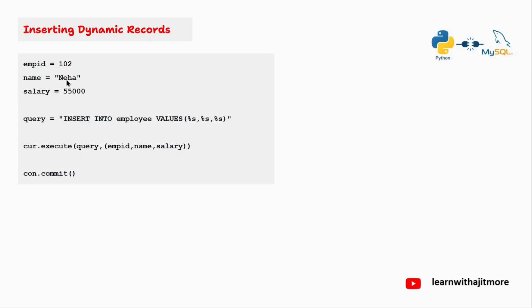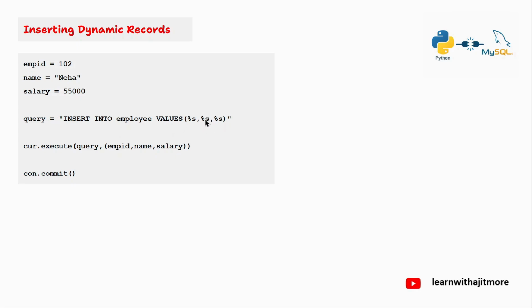Here, three variables were directly assigned, but these values can come from the keyboard. Here you can write int and then input, please enter employee ID, please enter name, salary. And then these values will be replaced in place of this placeholder.